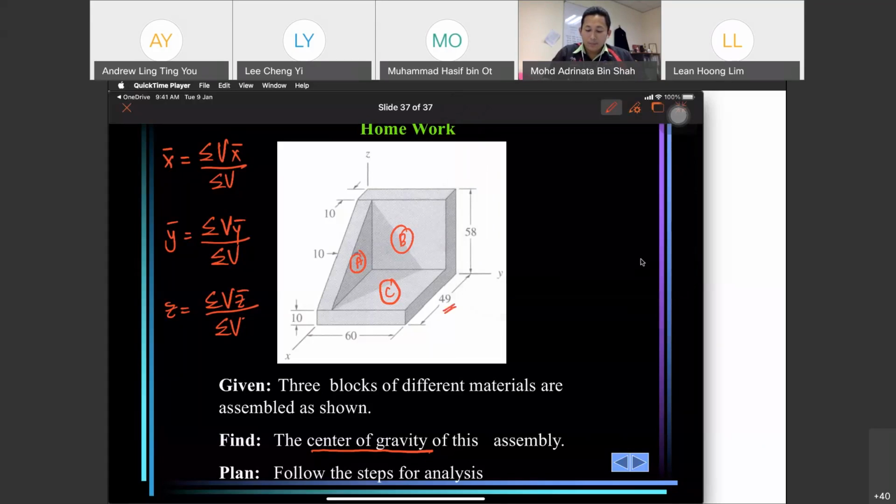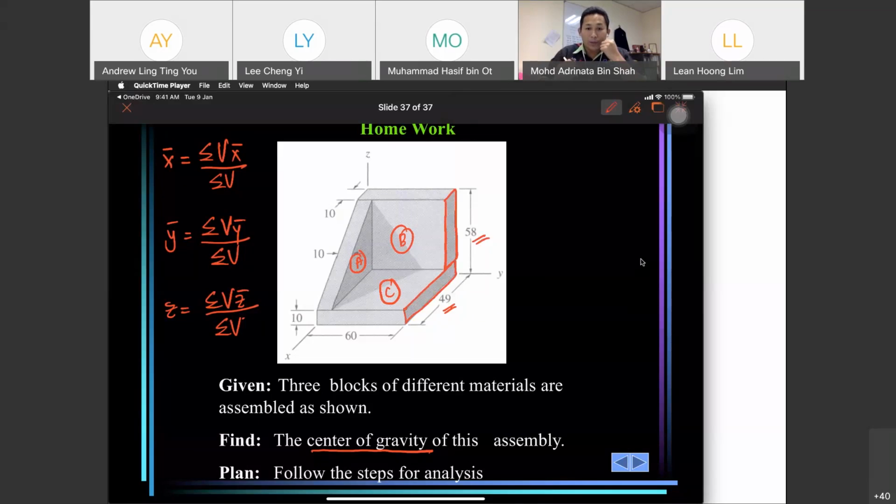It really depends on if you take your component B like this and C like this, okay?